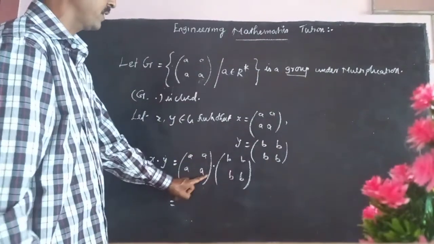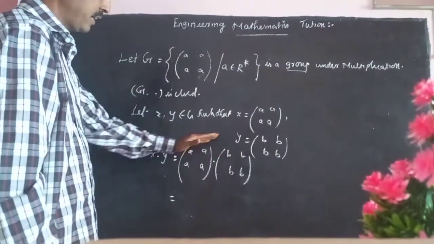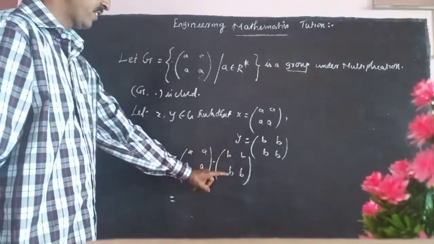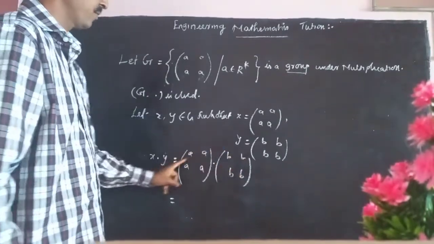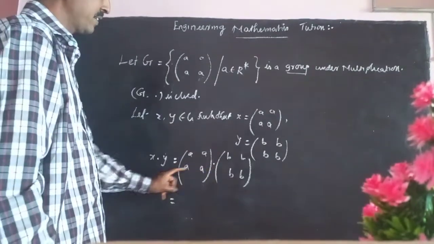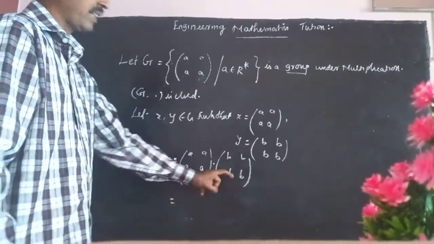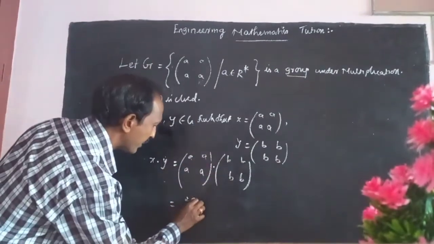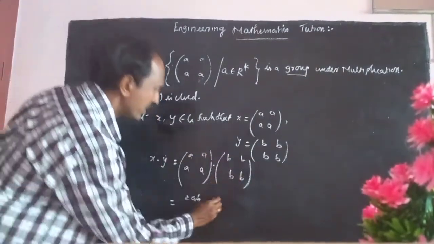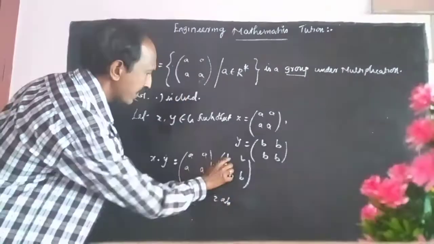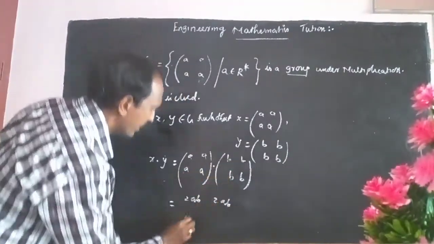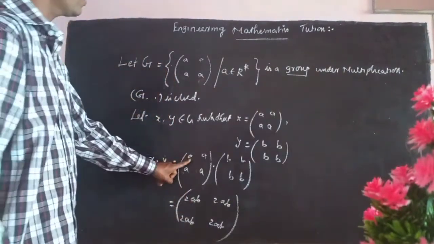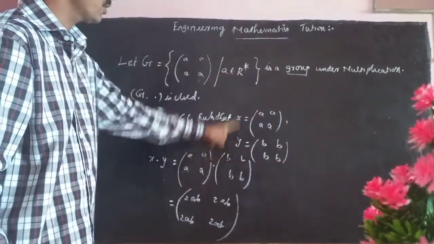Here this is a 2x2 matrix, here this is a 2x2 matrix. So again in multiplication we get the 2x2 matrix. So first row first column, first row second column, second row first column, second row second column. So that is equal to a dot b plus a dot b, that is 2ab. Again 2ab is a dot a plus a dot a, 2ab. Okay, so a also belongs to r star and b also belongs to r star.